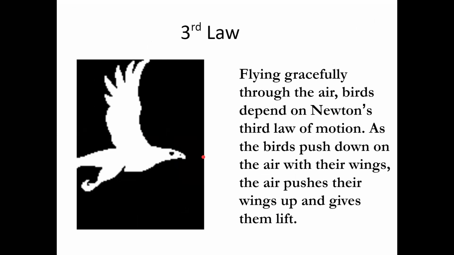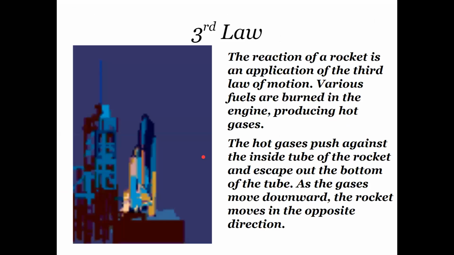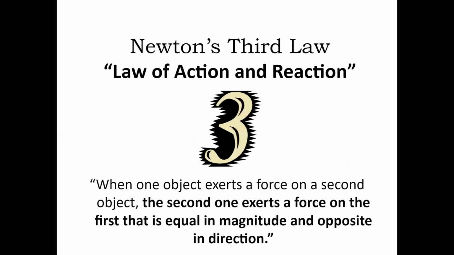So that is our third law of motion. When one object exerts a force on a second one, that second object will exert a force in the opposite direction on the first object. Whenever we have objects exerting forces, there'll always be a force in the opposite direction.